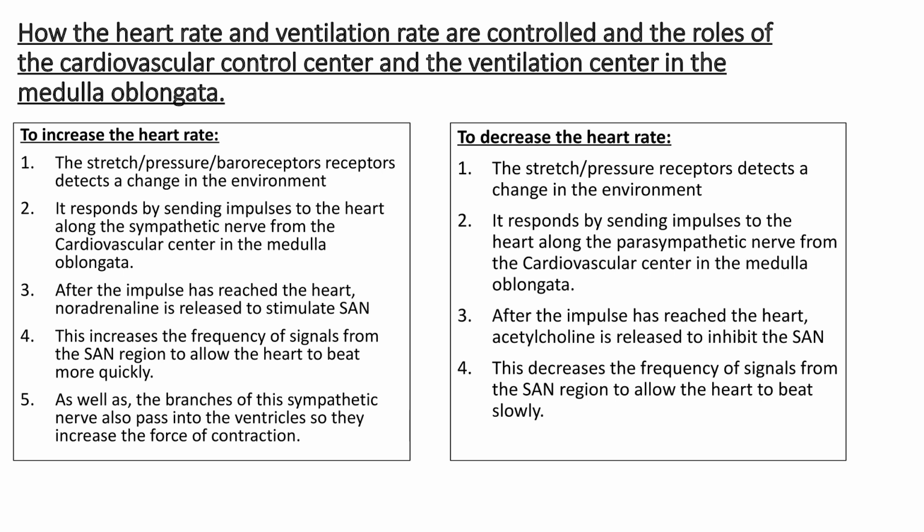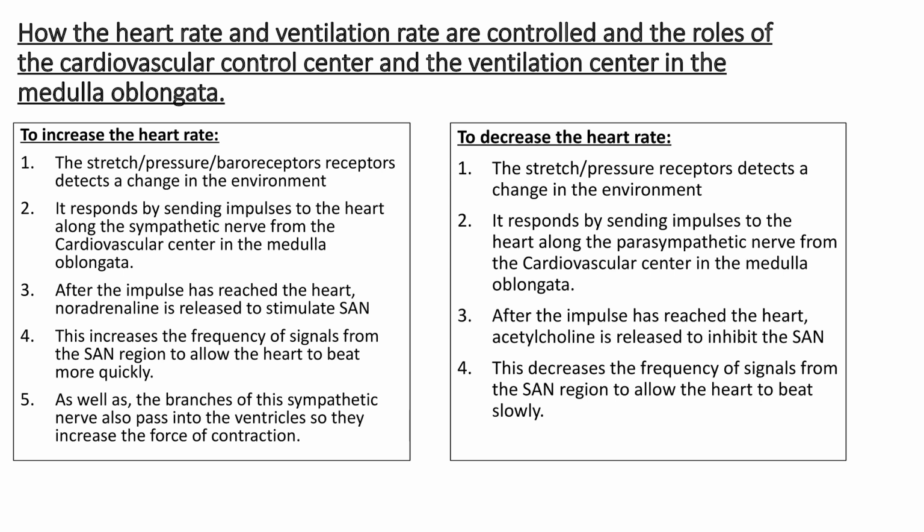Now, the opposite reaction, to decrease the heart rate. The stretch pressure receptors in the carotid artery detect the change in the environment, the same mechanism at first. Then it responds by sending impulses to the heart, but this time along the parasympathetic nerve from the cardiovascular center in the medulla oblongata.